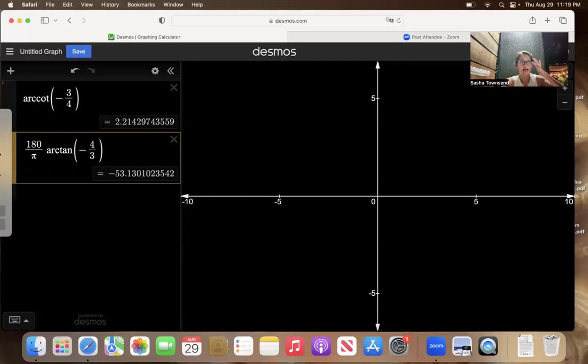So then we would just add 180 to that. And we get the 126. But the exact answer in radians is this answer here, 2.21 radians approximately.